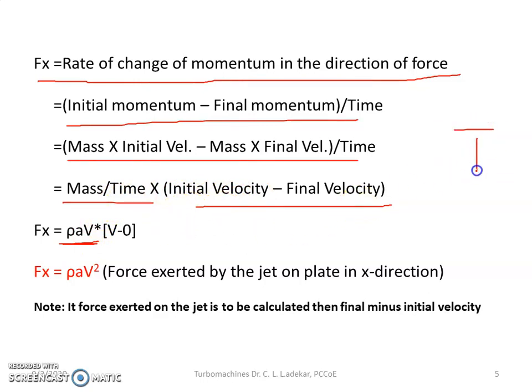In this case, the initial velocity is v, and in the same direction the final velocity is 0. So in the x direction, the initial velocity is v and the final velocity is 0, and therefore the force exerted by the jet of water on the stationary flat plate can be calculated as rho A v squared. But this is the theoretical force.